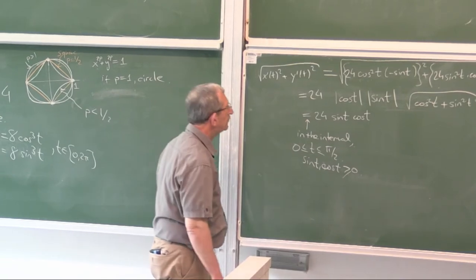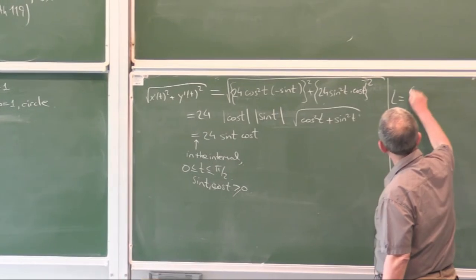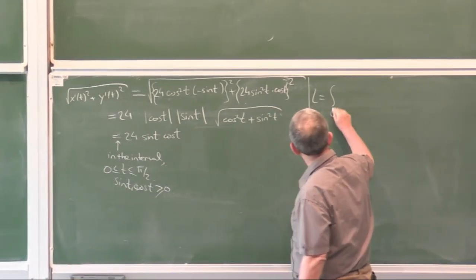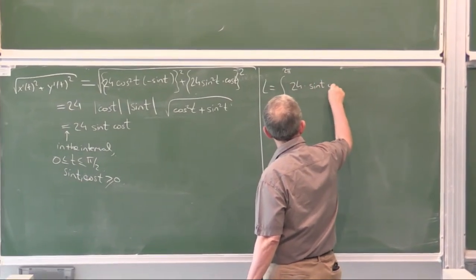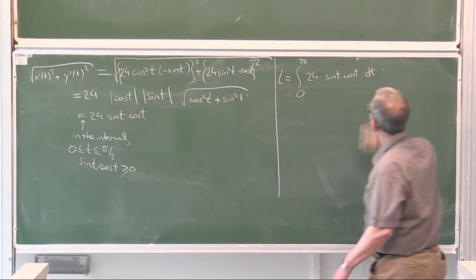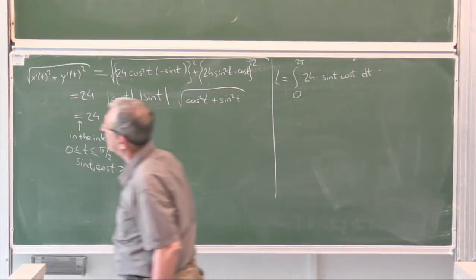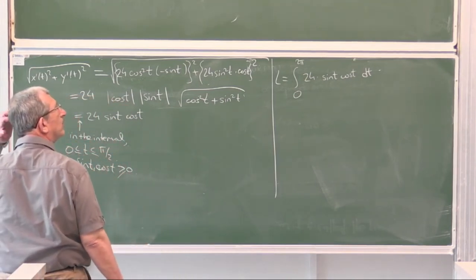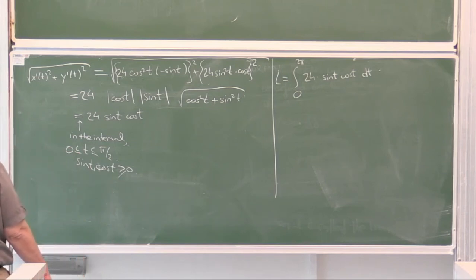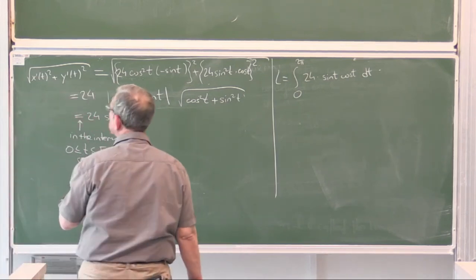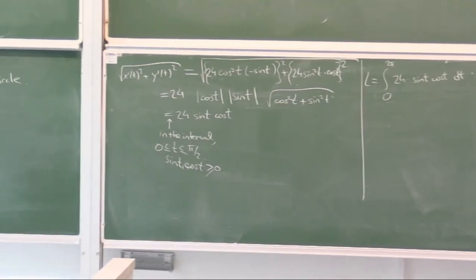So finally now, the length would be the integral from 0 to 2 pi of 24 sine t cosine t dt. No, t runs from, sorry, we have to take that out. This is not correct. Something is missing.